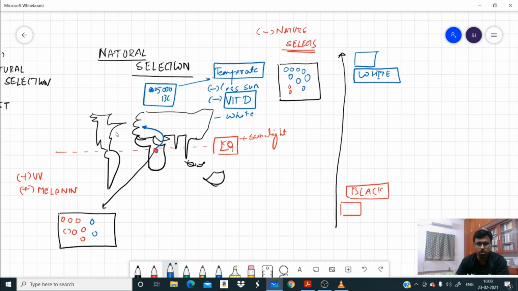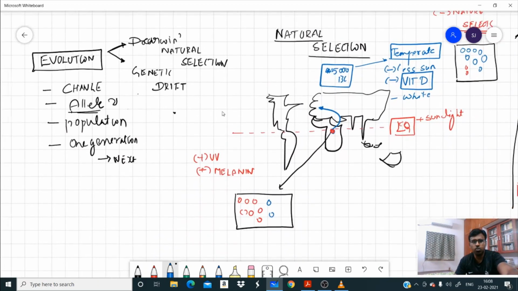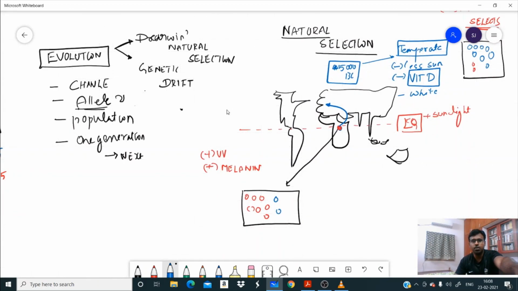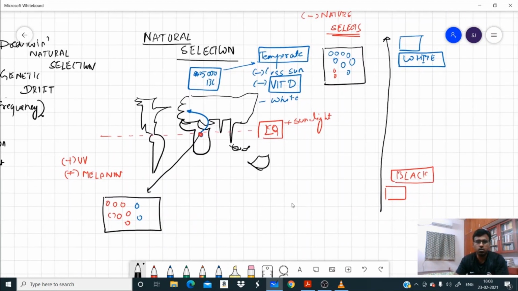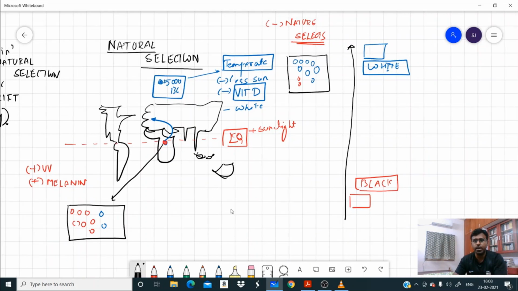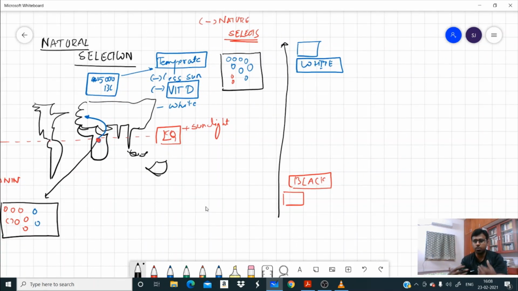This is what is called evolution. There is a change in allele frequency of a population over generations. A change in allele frequency from a gene which coded for black to white is called Darwin's natural selection of evolution.